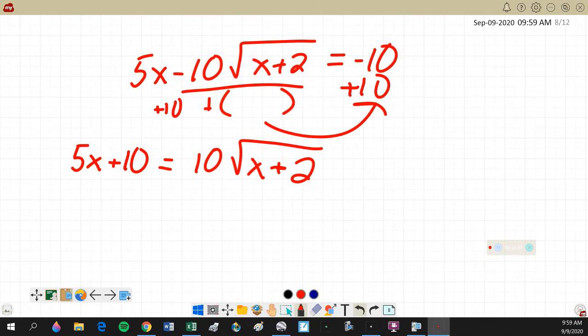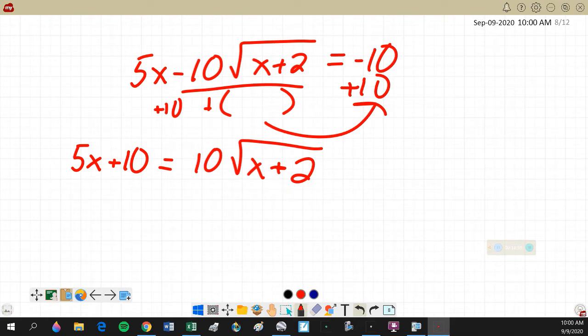I could divide by 10, and it'll totally work. I'm a little bit hesitant to divide by 10. Why might I be hesitant? I will have 1/2 x. And we're not very good at factoring when the coefficients are fractions. So maybe I'll divide by a different number. I'm going to divide by 5.